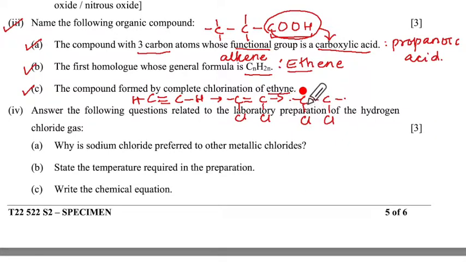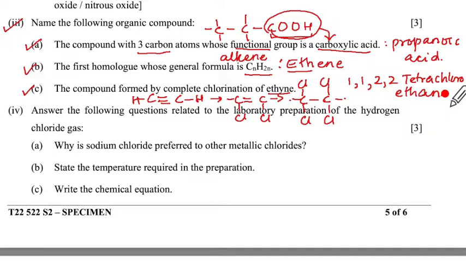The chlorine in the second step will get added up here. So what is the compound? It is tetrachloroethane. So it will be 1, 1, 2, 2, tetrachloro, 2 carbons means eth, single bond means ane. So this is our answer for C.